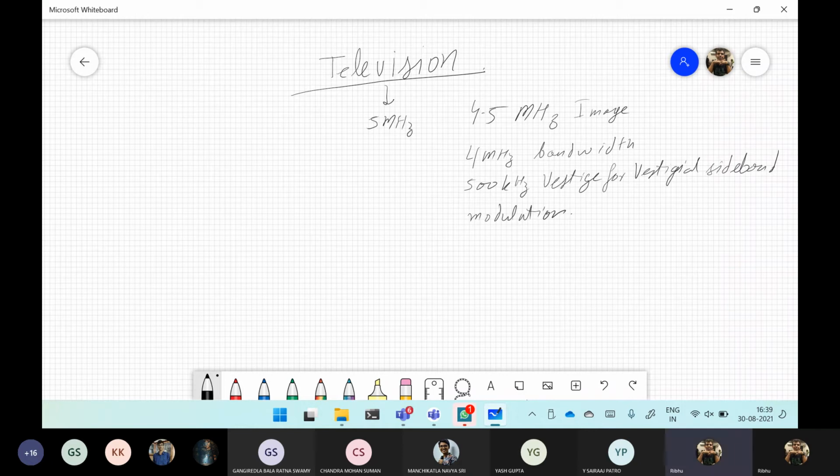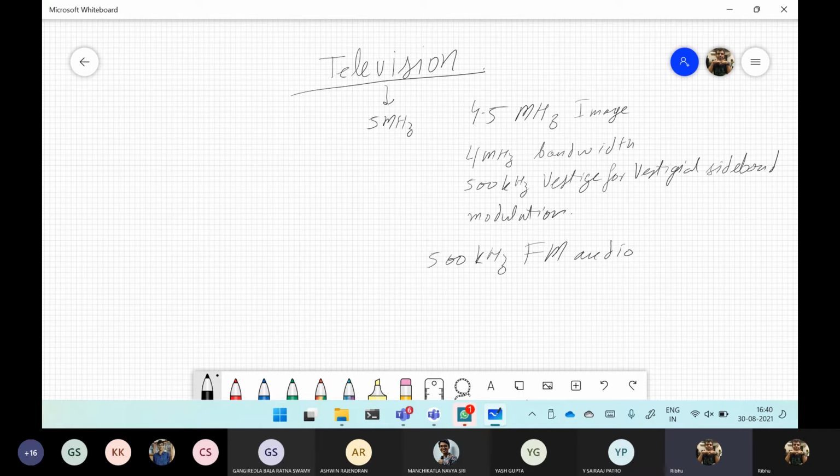This is where it is practically used, and 500 kilohertz FM audio, high quality FM audio. So 5 megahertz for what? The television signal bandwidth, Ashwin, is 5 megahertz, out of which 4.5 megahertz is for the image. And actually, the image occupies 4 megahertz, but we give a 500 kilohertz additional vestigial sideband, and there is a 500 kilohertz FM audio signal associated with that.